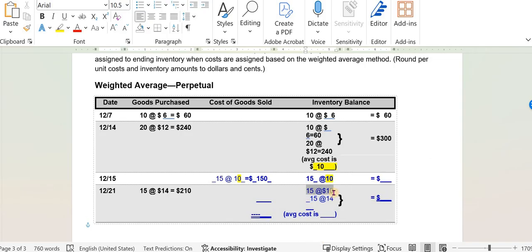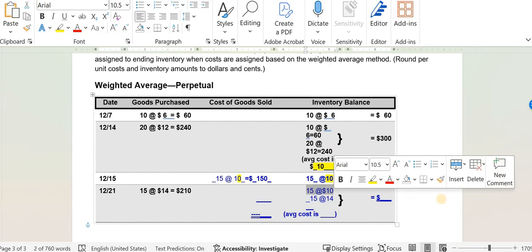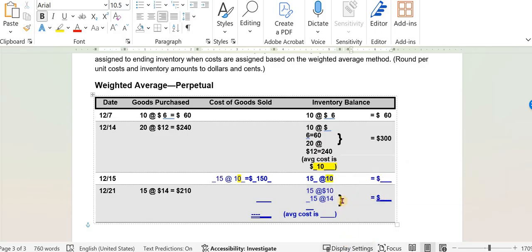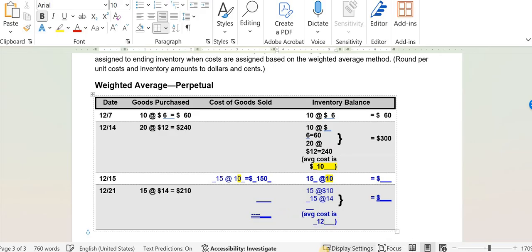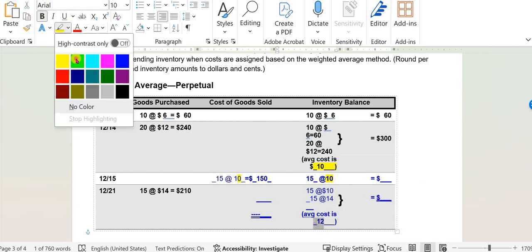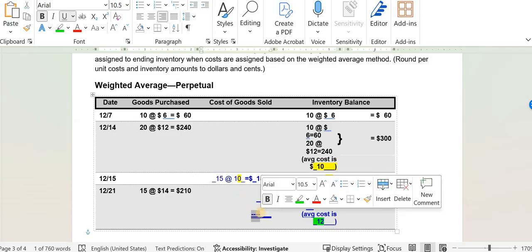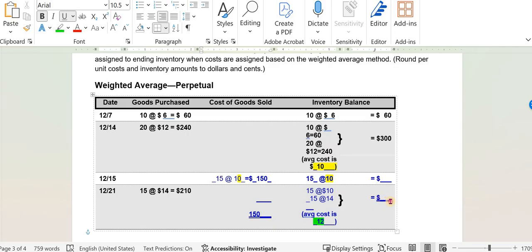Well, 15 times 10 is 150, right? 15 times 14 is 210. 150 plus 210 is 360. 360 divided by 30 units gives me $12 a unit as my new average. Okay, so cost of goods sold was 150, and my inventory is 30 units at 12 or $360.